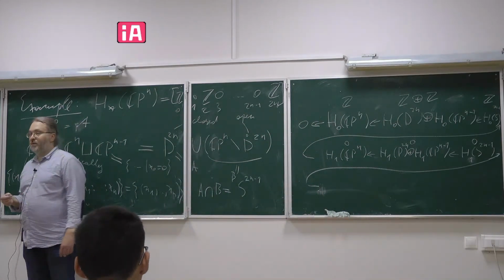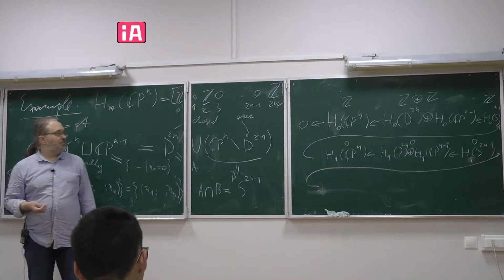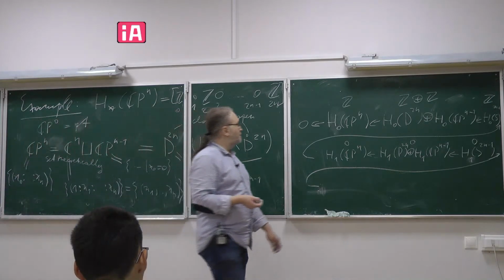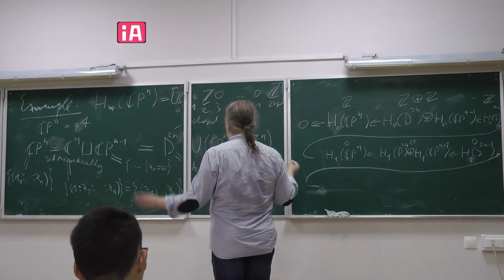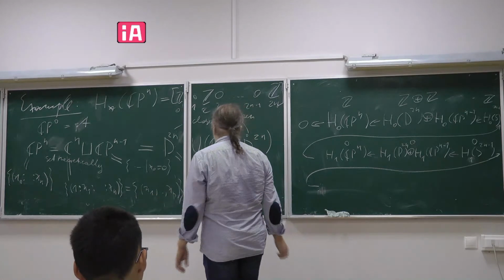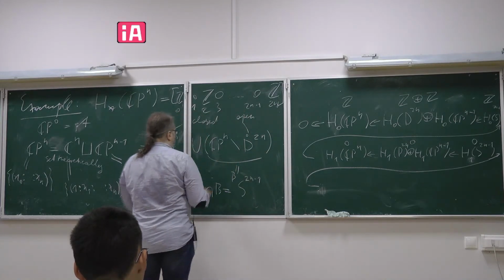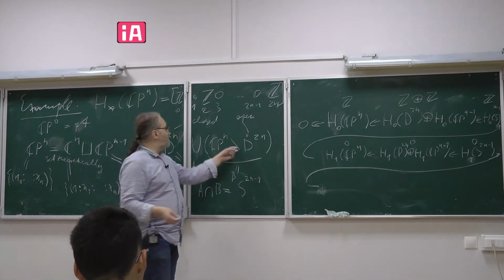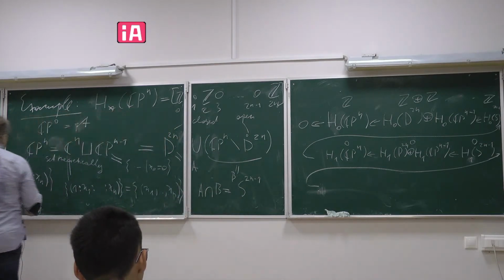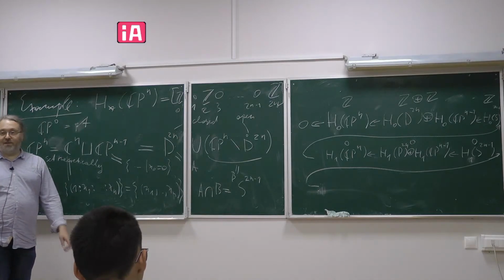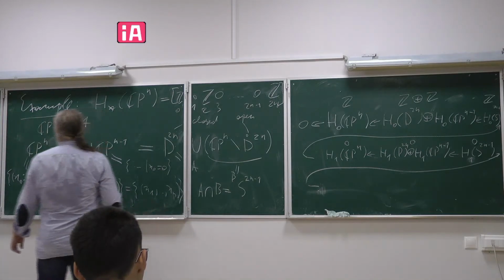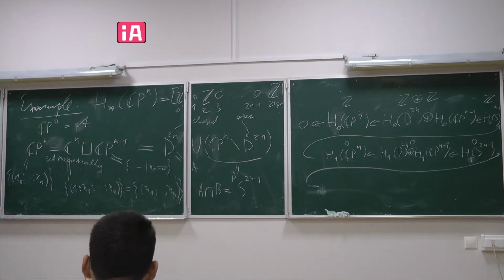Yeah, I mean, why did you write here CP n-1 if we have some different space as our B? Let's see. Oh, yes. I forgot to say one thing. This B is in fact homotopy equivalent to CP n-1. Let's see why.